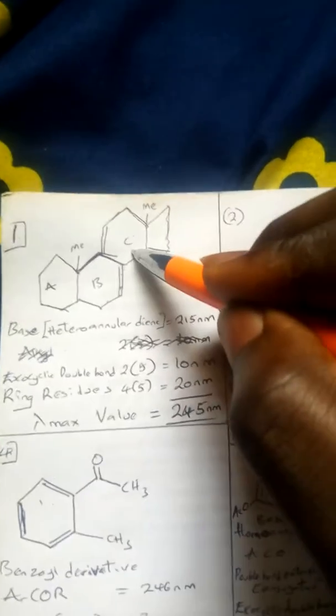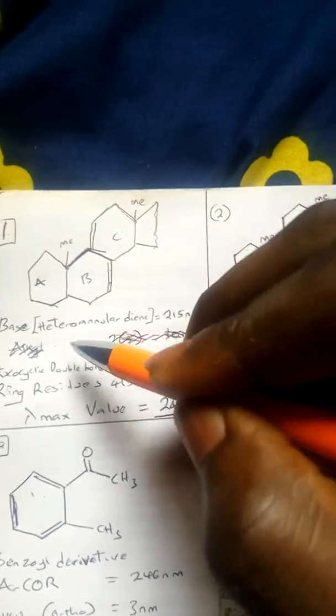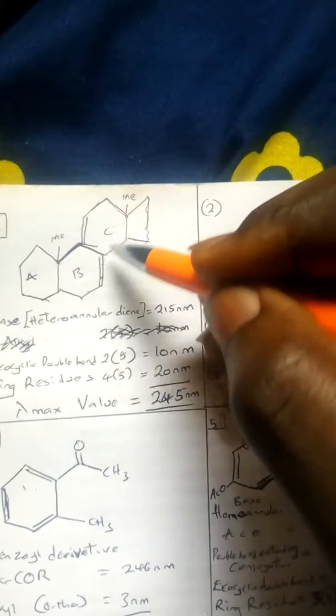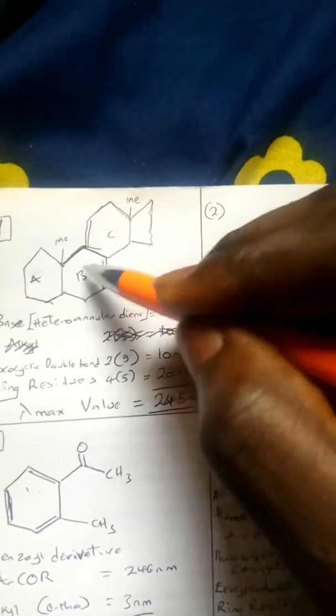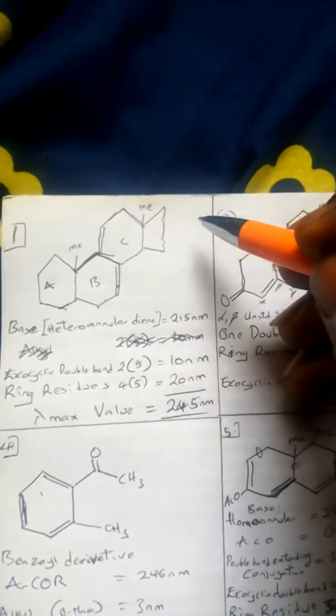It is connected to ring C, but it is outside of ring C. So whenever the condition is met, you conclude that the double bond in ring B is exocyclic to ring C. So that is one exocyclic double bond.